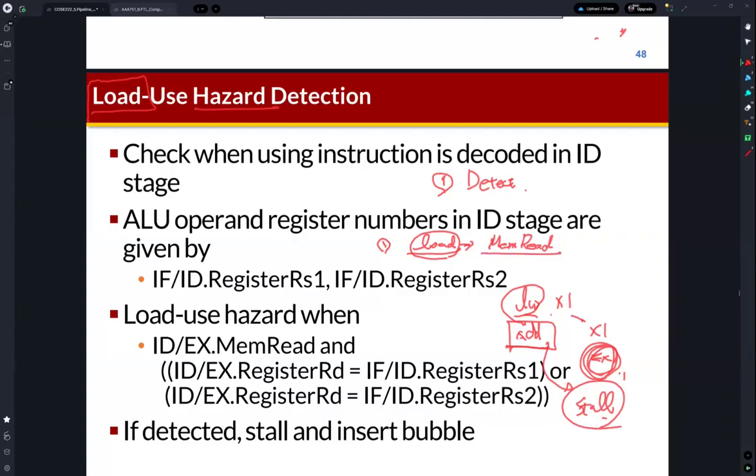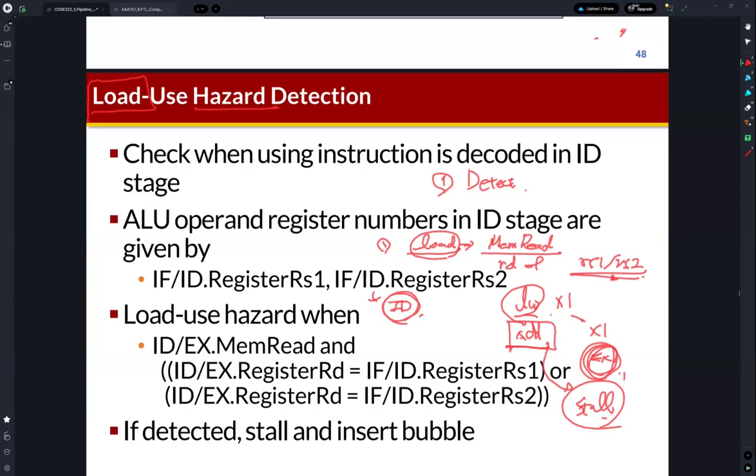And then this is the data hazard, so we can check the RD of the load instruction and RS1 or RS2 of the following instruction. And the following instruction needs to stay in the ID stage.